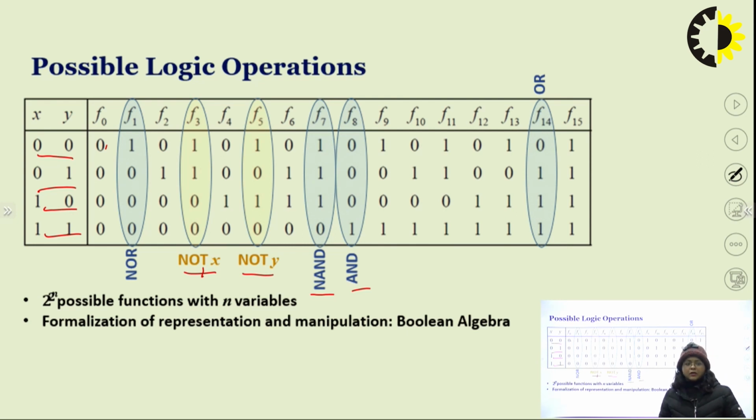That is, if there are two variables with 4 combinations, then we can have 2 to the power 4 possible functions. With n variables, in general, we can have 2 to the power 2^n possible functions.